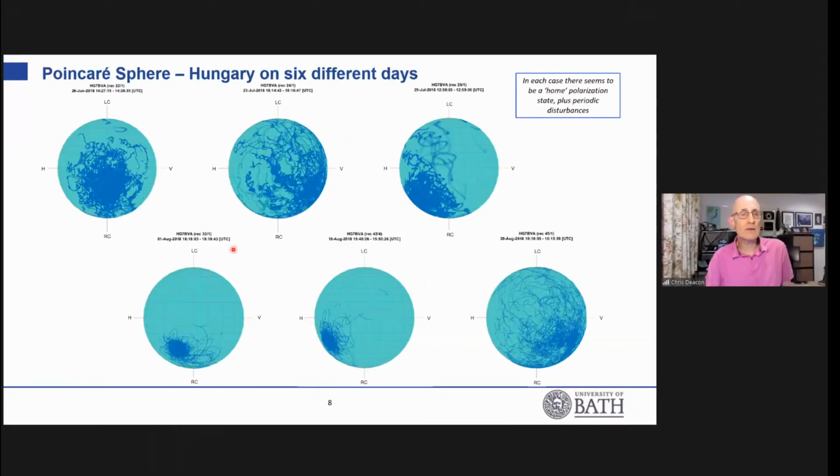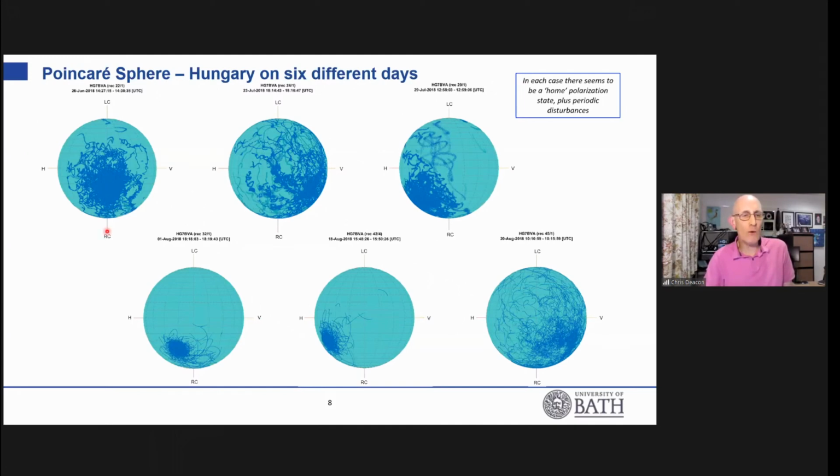So here's the signal from the Hungarian beacon on 6 different days, ranging from June through to late August. And you can see that in each case, the blob was in a different place, but there is a blob. There is a sort of a home average rest state polarization.